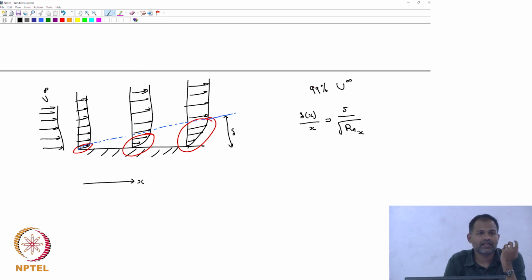When I said Re_x, the Reynolds number is defined based on the distance from the leading edge. Typically we define the Reynolds number based on a given length scale. It could be the radius of the pipe or the size of the particle. Here there is no other length scale other than the distance from the plate itself.